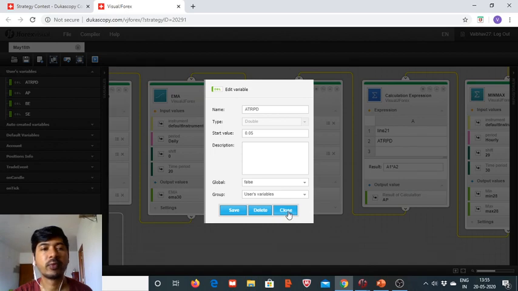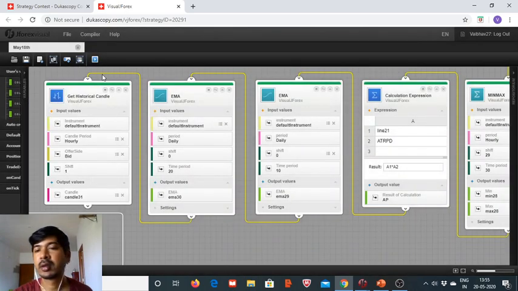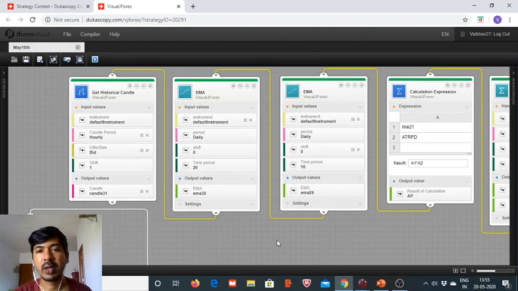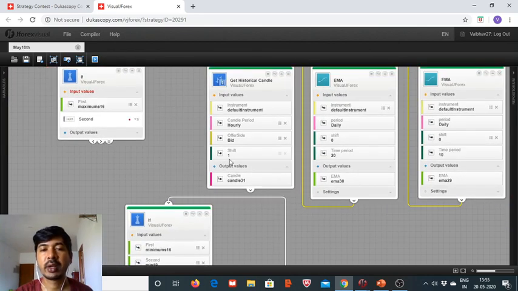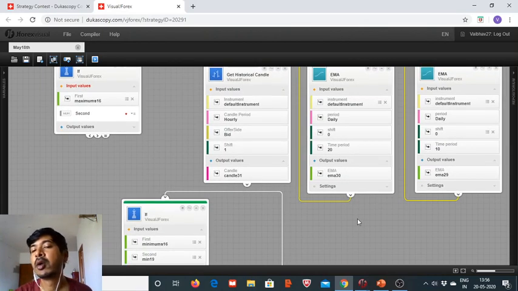Yes, 0.05 is the factor with which we are multiplying, then the EMA for the crossover purpose, and the historical candle to make sure that the last candle has closed in red or green, depending on which kind of trade we are taking. For a buy trade, it should have closed with gain. For a sell trade, it should have closed with losses.